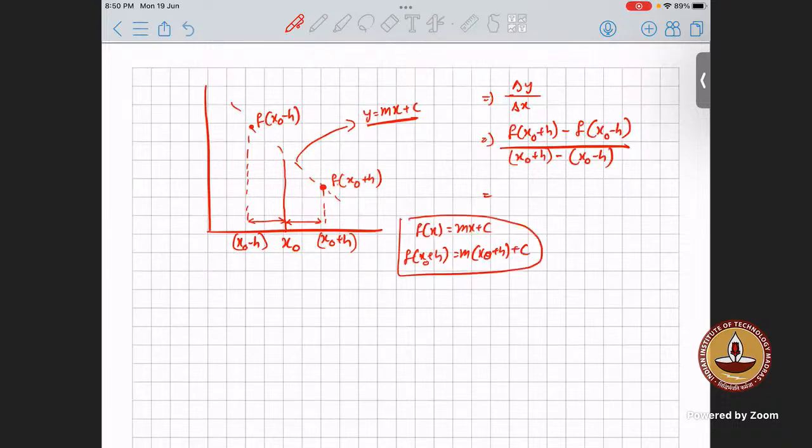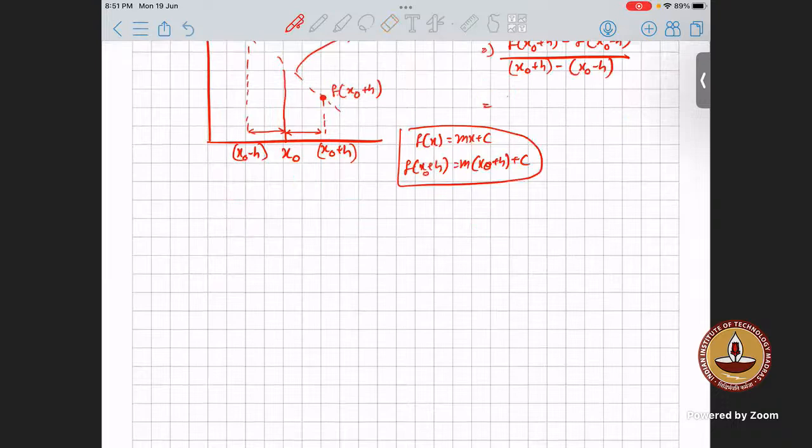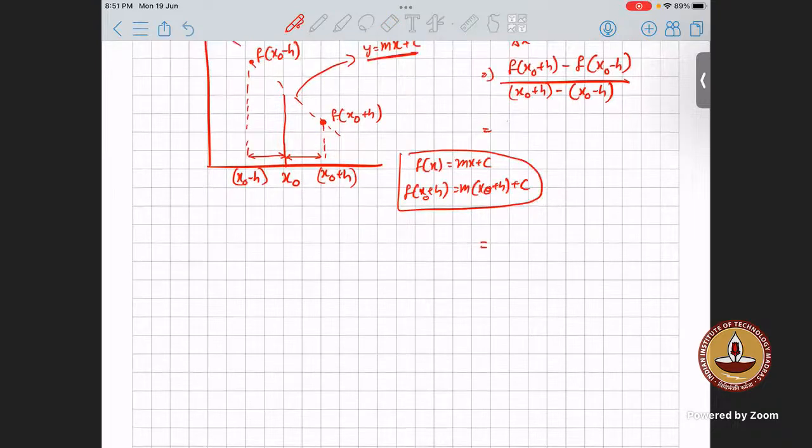So I will erase and draw the bottom. So m into x naught plus h plus c minus m into x naught minus h plus c, divided by 2h, because x naught and minus x naught will cancel. So 2h.